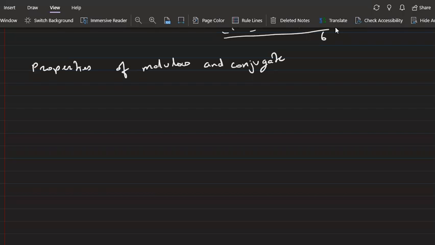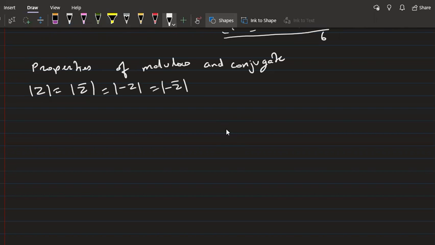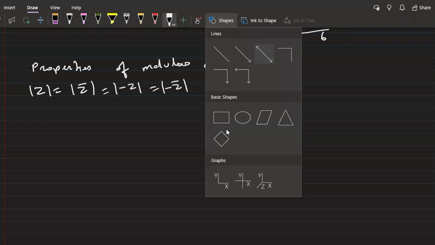The first property that we studied was mod of z is equal to mod of z bar is equal to mod of minus z is equal to mod of minus z bar.